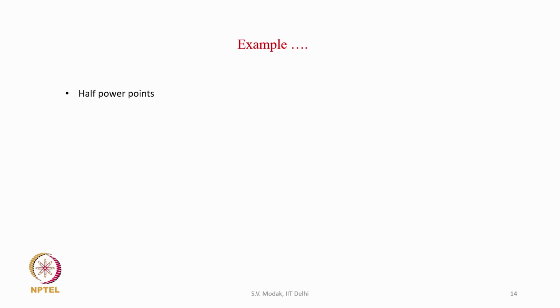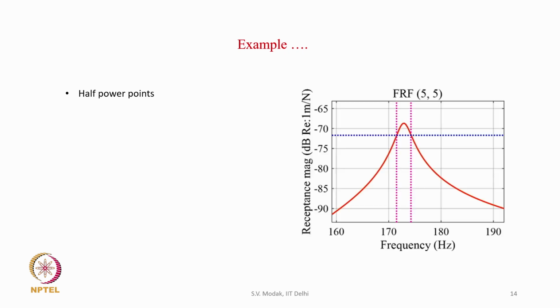Let us now determine the modal loss factor, and for that we determine the half power points. We focus our attention on a narrow frequency band around the third peak, and then determine the frequencies corresponding to the FRF magnitude dropping by 3 dB. This is the peak magnitude, and this is the reduction by 3 decibels.